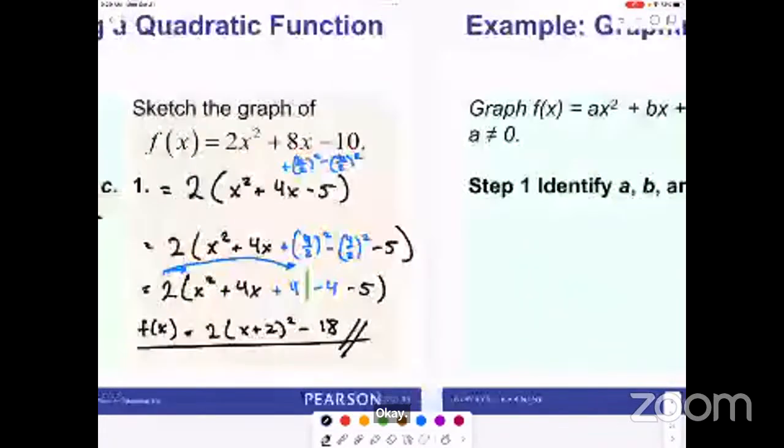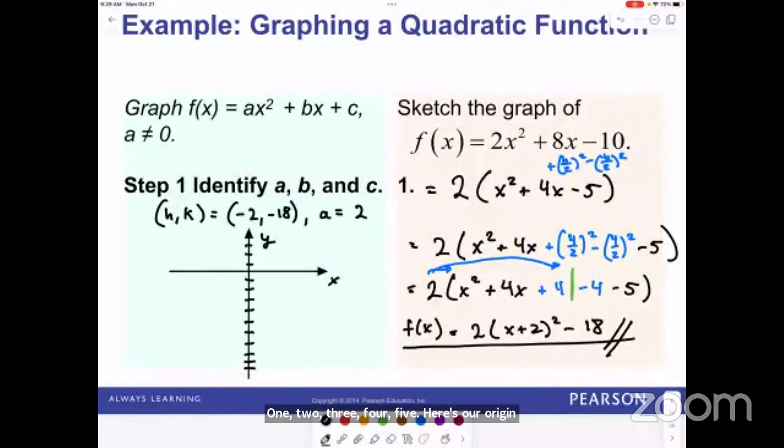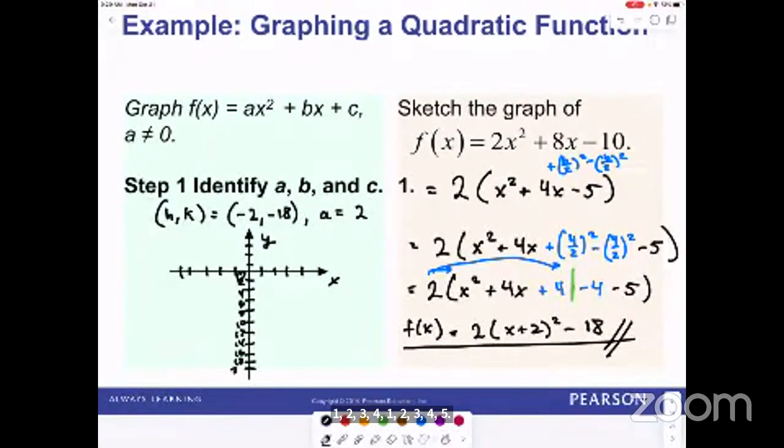That's fine. On the x-axis, we can go by ones. I'm going to go 1, 2, 3, 4. 1, 2, 3, 4, 5. Here's our origin. 2, 4, 6, 8, 10, 12, 14, 16, 18, 20. 2, 4, 6. 1, 2, 3, 4. 1, 2, 3, 4, 5. These are negative. These are negative. Okay. A little bit janky, but it's okay.